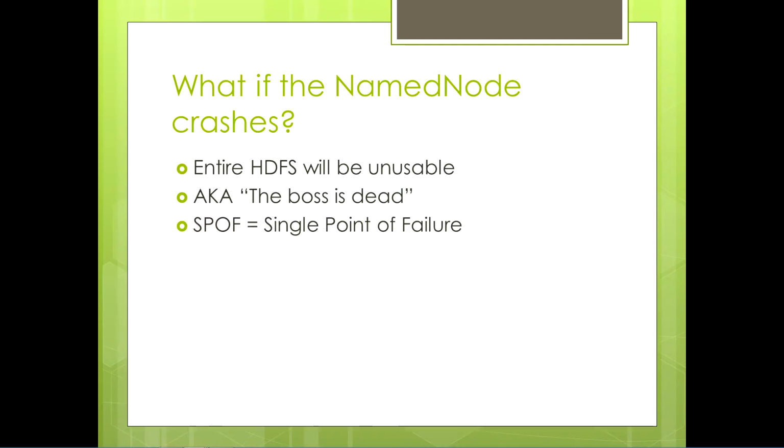But like I said, there is no replaceable name node as of right now. So when the name node is down, it is gone. When I Googled, I came across the acronym SPOF, because this is what it says: HDFS name node is a SPOF. When I looked that up, it just means single point of failure, in case you guys didn't know.